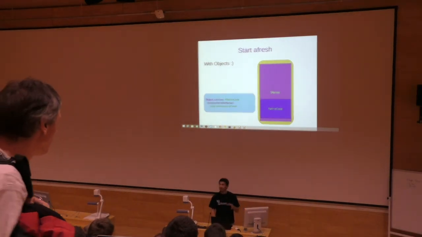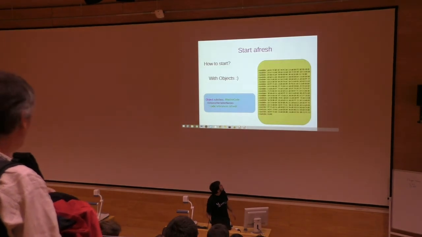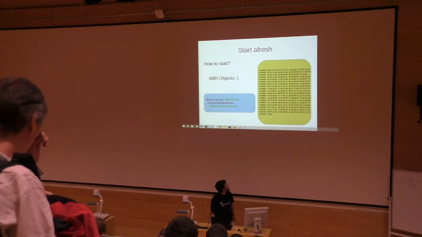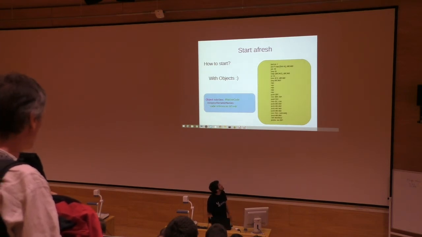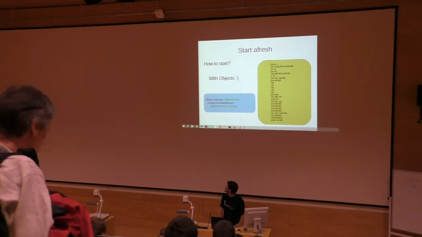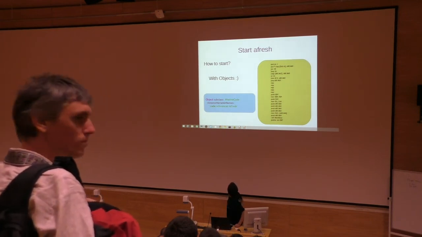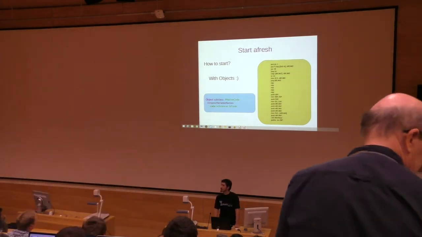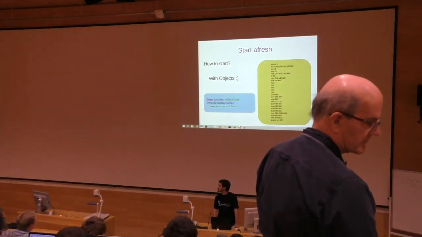Because if we see the code as a byte array, we are going to see something like this. Okay, but if we disassemble this, we are going to see something like this. And maybe you don't see it because the font is tiny, but there are many references to memory there, inside the code.